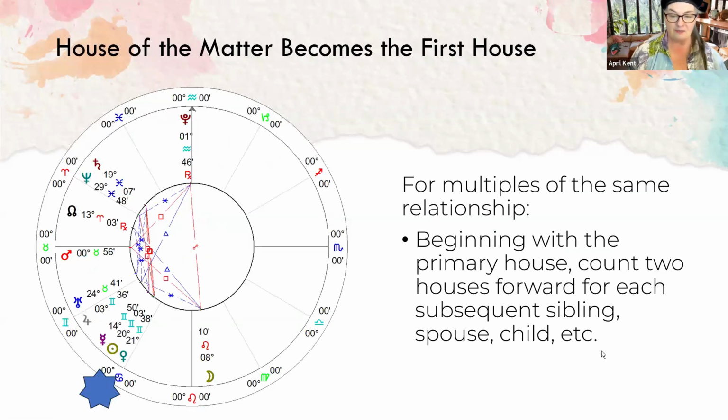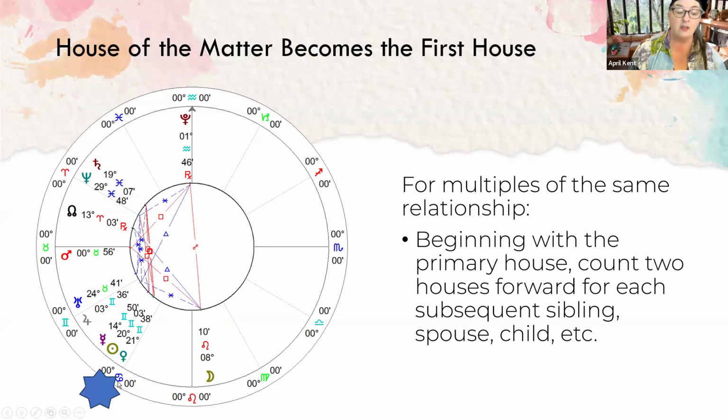So, for multiples of the same kind of relationship, say you want to talk about a specific sibling in someone's life, the house of siblings generally is the 3rd house. So for the eldest sibling in the family, they get the 3rd house.